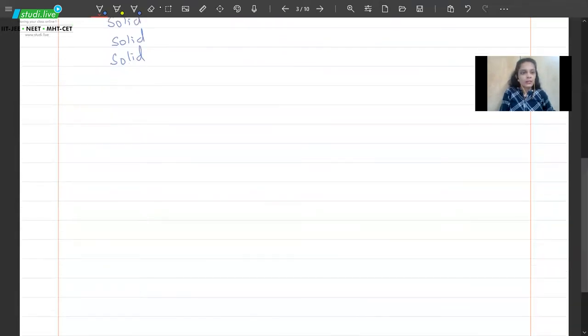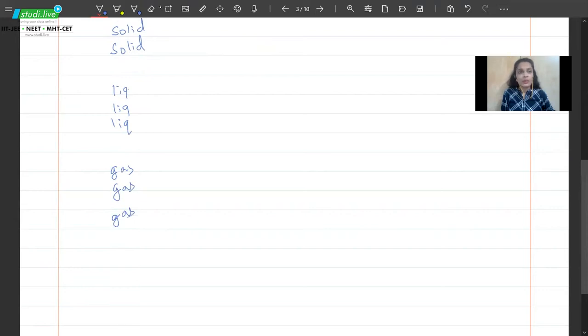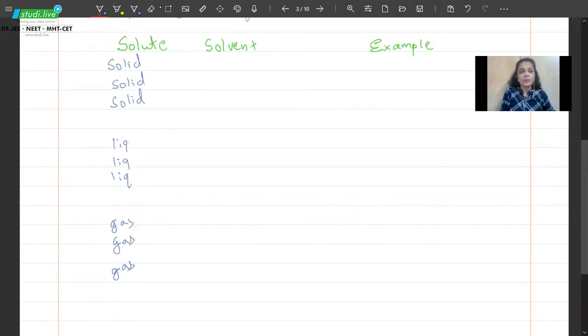Then we have liquid, again liquid, I'm writing in short. Then we have gas. As I said, we are doing permutation combination, that's it. Similarly, for solvent, let's do the permutation combination. We have solid, we have liquid, and we have gas. I want you to think and tell me the answer to all this.